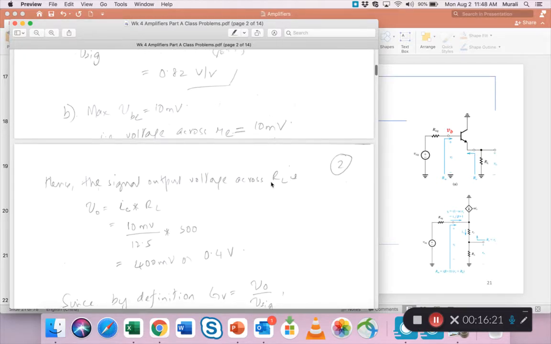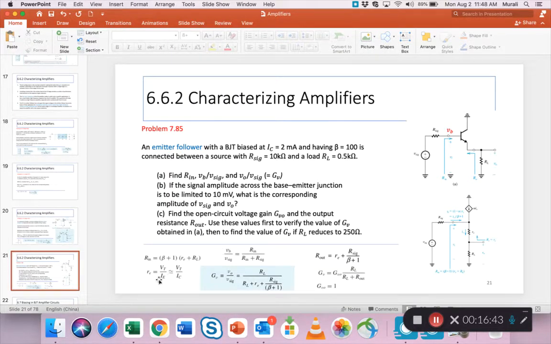But first we find the voltage across RL because we know IC. So if you multiply IC by RL, you get the output voltage, right? The IC formula is here, VBE, and I think I show it, right?